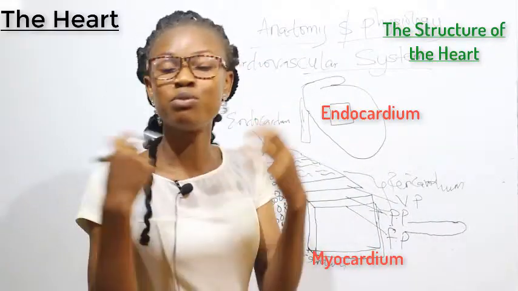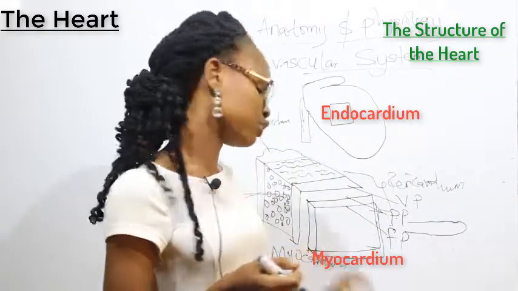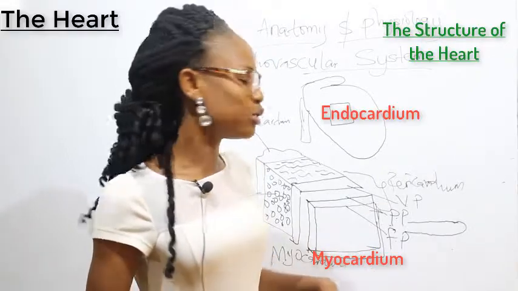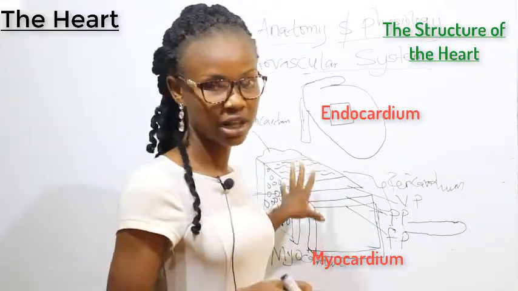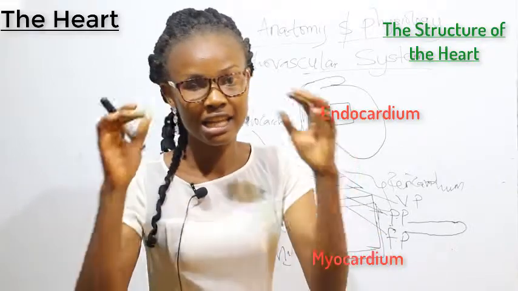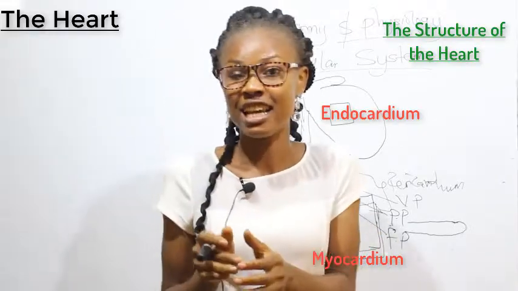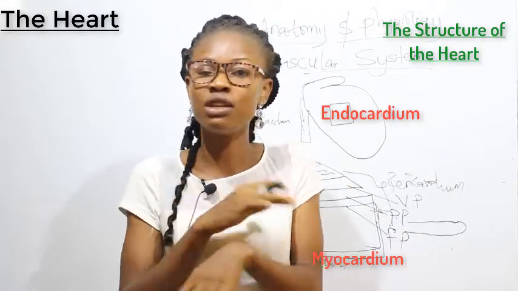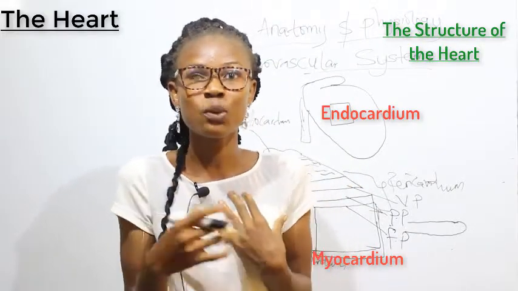Okay, so I'll repeat myself. We are in myocardium: myo, muscle, cardium, heart, so muscle of the heart. So we said that one thing about the myocardium is that it's only found in the heart. In as much as it is striated like the skeletal muscle, it is not under voluntary action. So I can't tell my heart, stop beating.